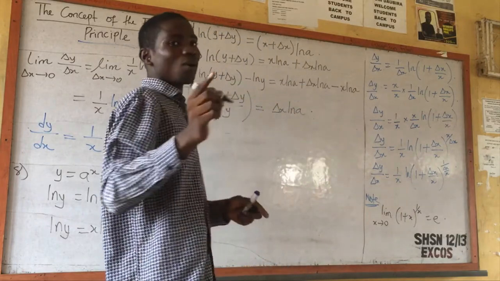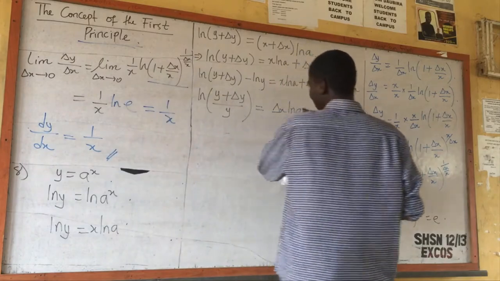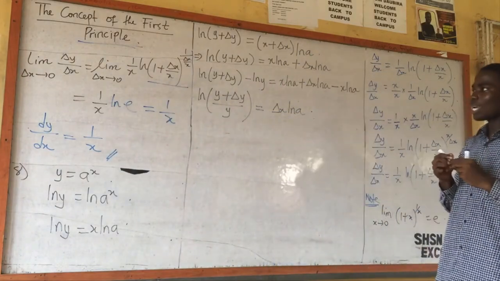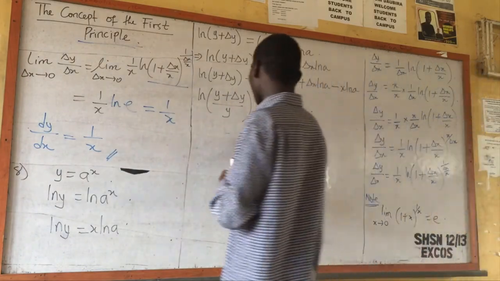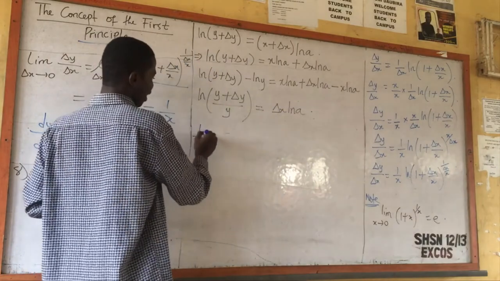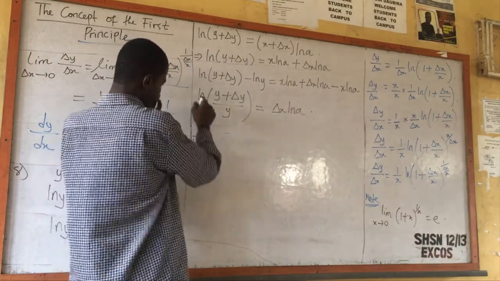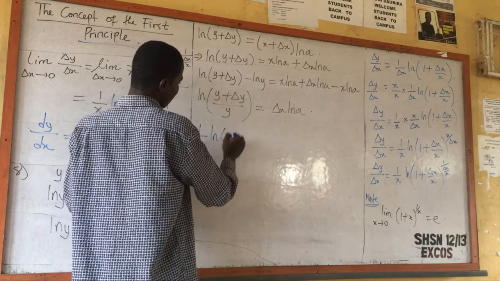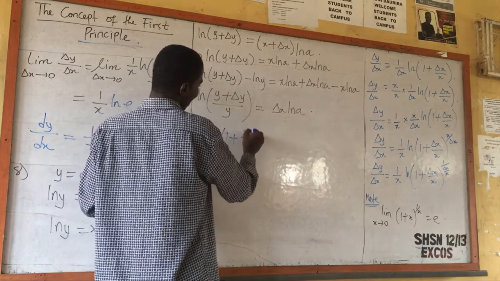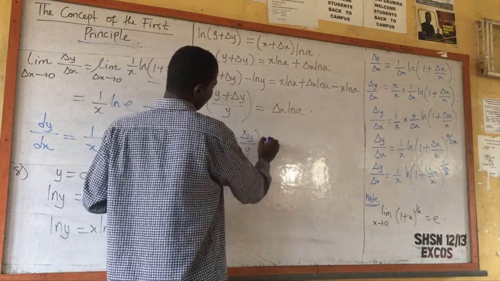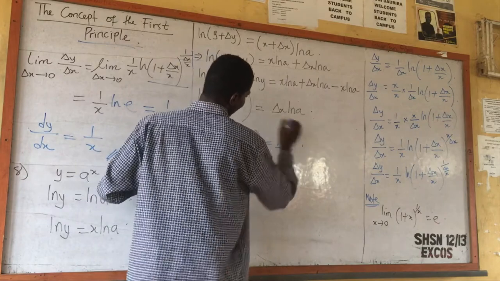I will take away this ln a, so that I will have 1 over ln a. This one will become ln of 1 plus delta y over y is equal to delta s.